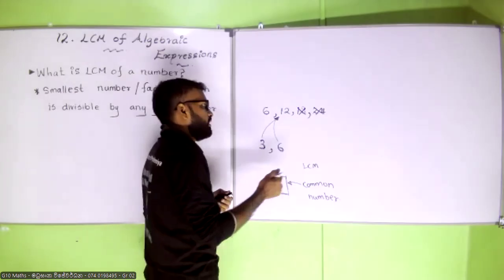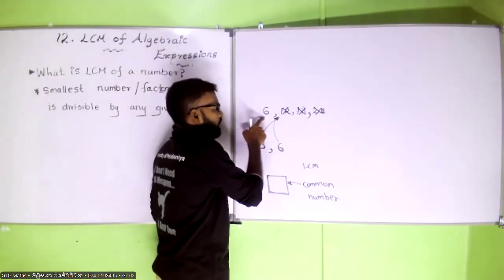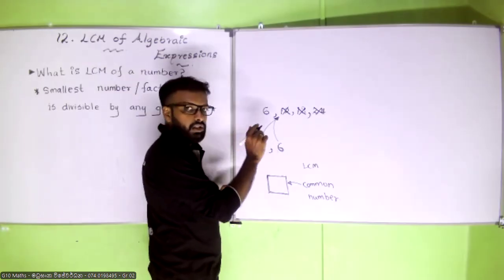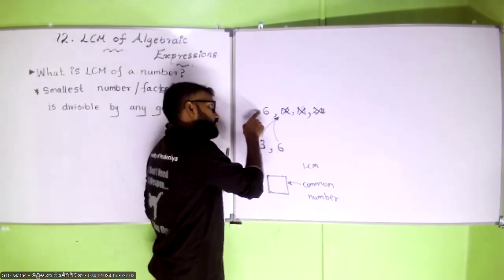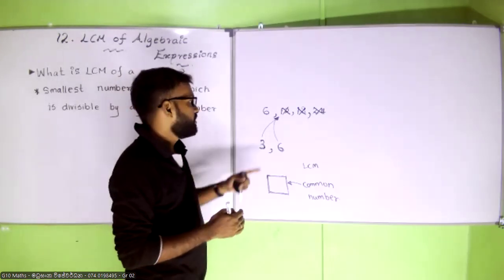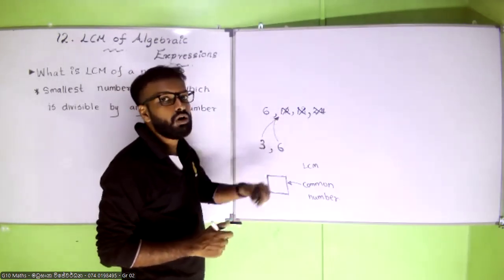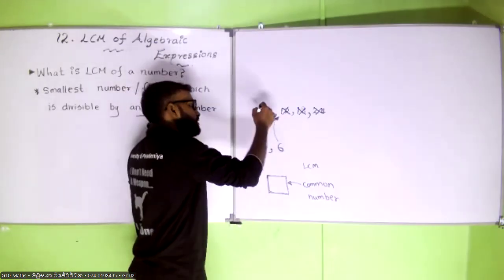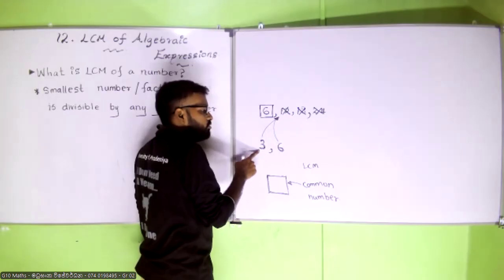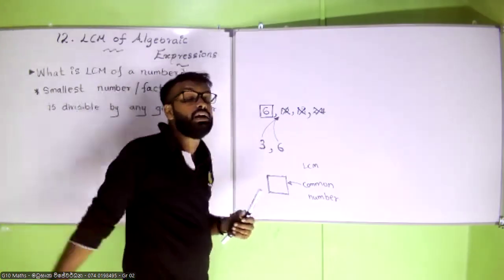Let's consider 6. 6 can be divided by 6 without any remainder, and 6 can be divided by 3 itself. So 12 is not the smallest one. The 6 is the smallest number that we can divide by 3 and 6 without any remainder.